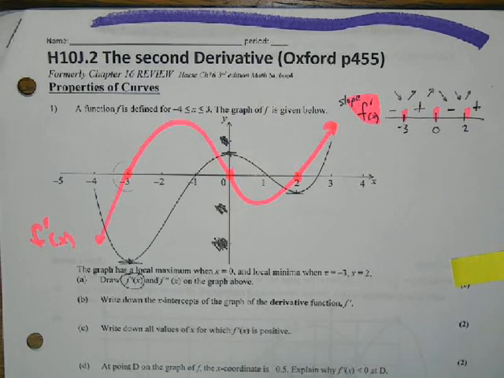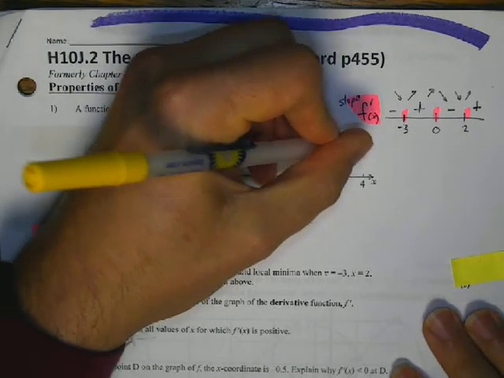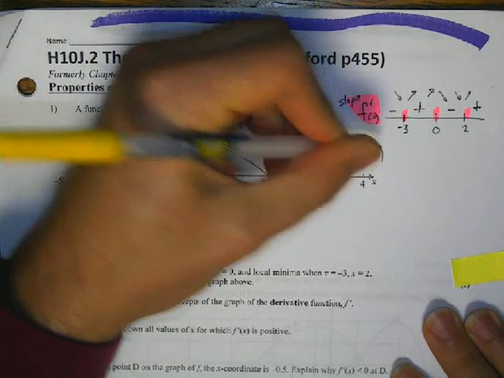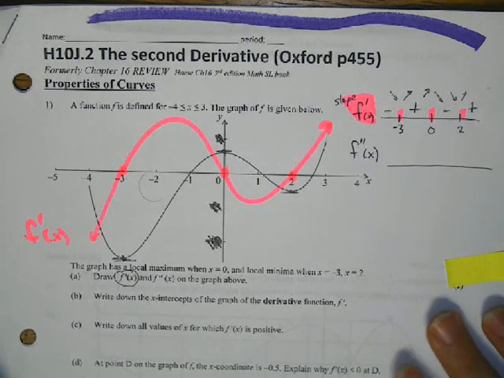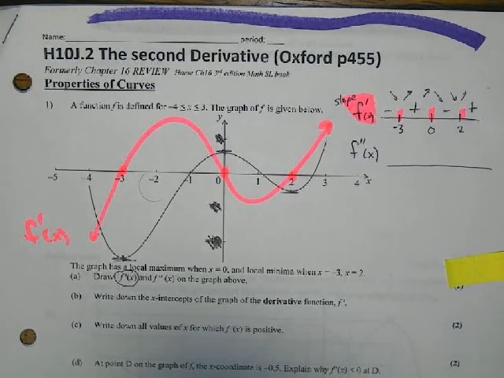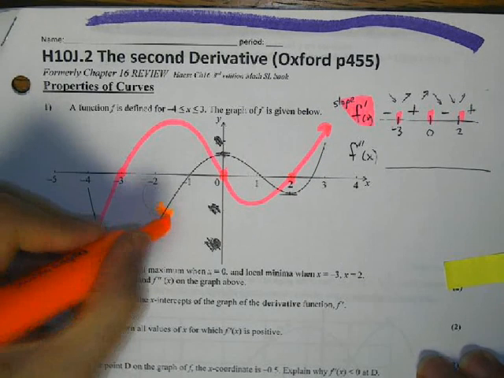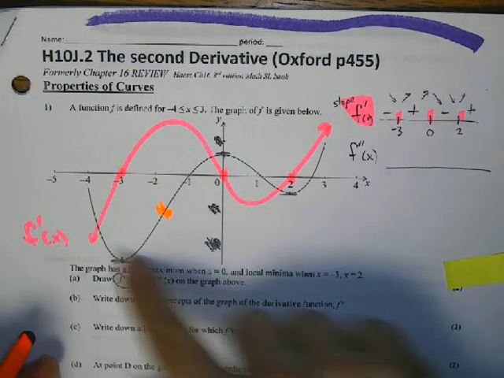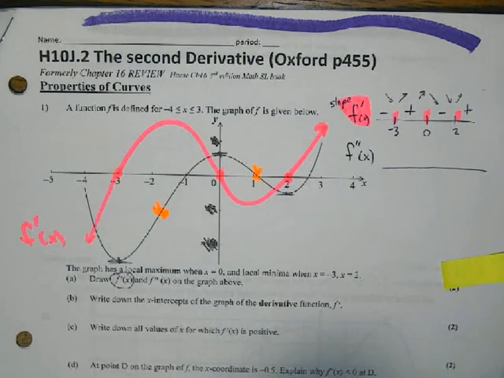Now we want to graph the second derivative. Let's make a sign diagram for that. The second derivative has to do with concavity. And we have inflection points. At this point right there and at this point right here, it switches from concave up to concave down.